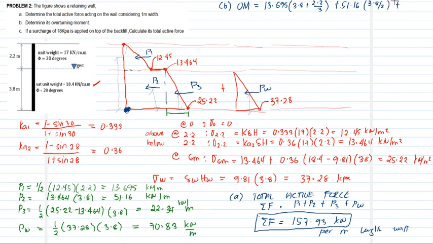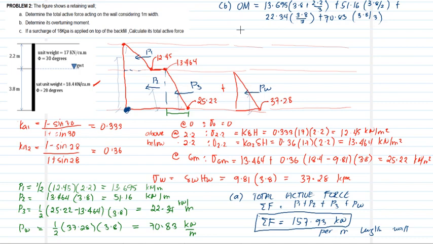Okay. Plus yung P3 natin, which is equal to 22.34 multiplied by the centroid of this P3 mula dito sa base natin, that is the 1/3 of 3.8, so 3.8 over 3. And lastly, yung water natin, which is plus 70.83, yung distance natin dito, that is equal to 3.8 over 3.